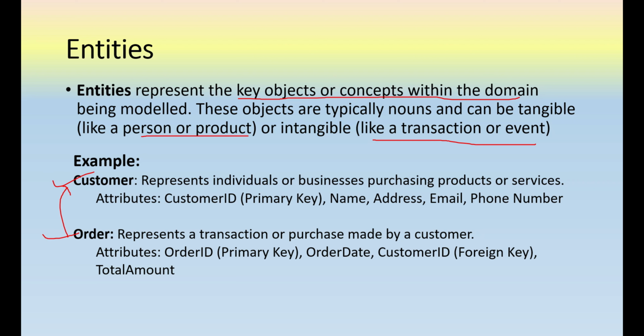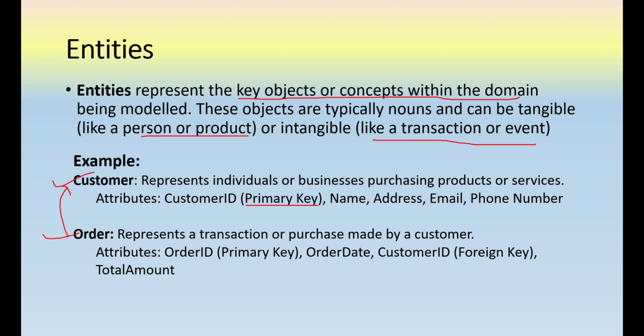So if you take customer as an example, which is an entity here, it can represent individuals or businesses purchasing products or services, and a customer can have attributes like customer ID. This is very important: at least one primary key column should be there, one column which represents the primary key, so that it can be uniquely identified.